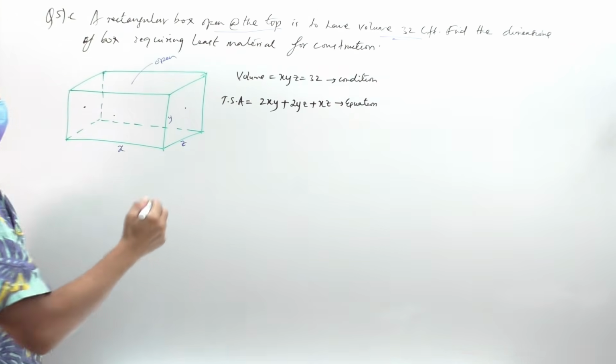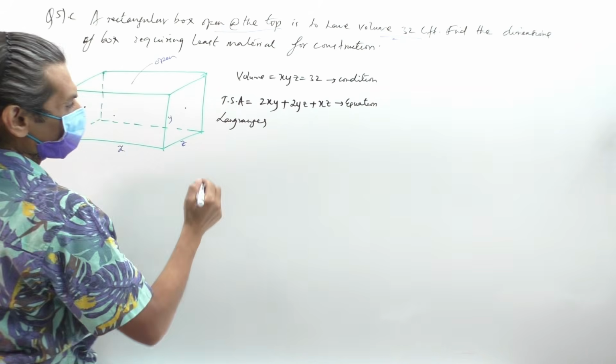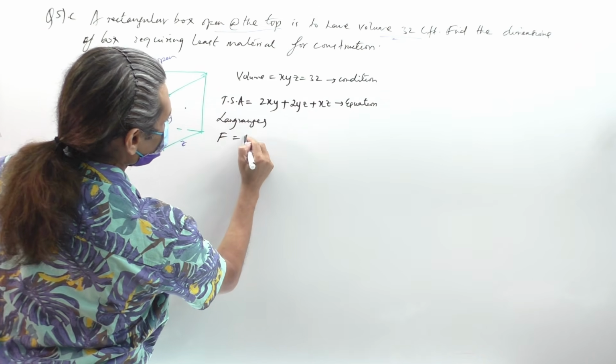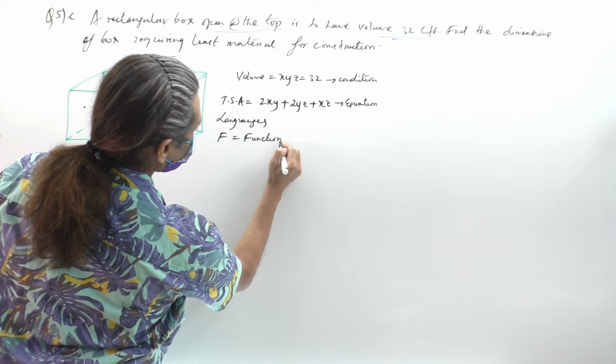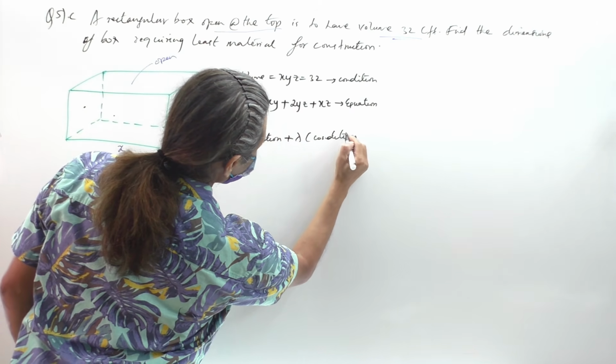For solving with Lagrange's multipliers, the auxiliary function is nothing but the function plus lambda into the condition. Remember it like this, it will be very easy to understand.